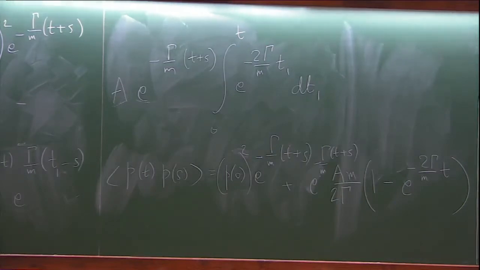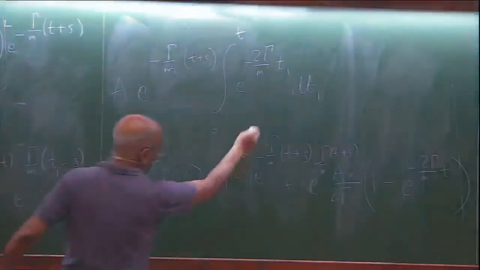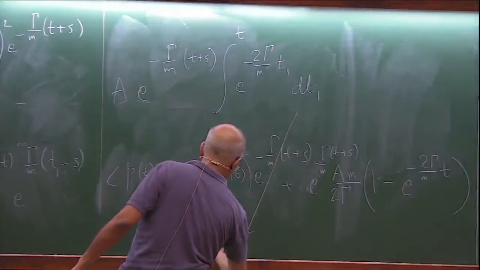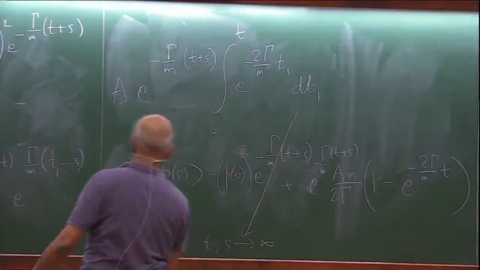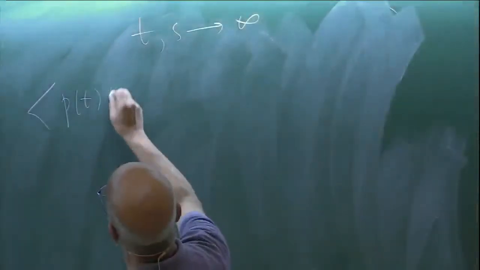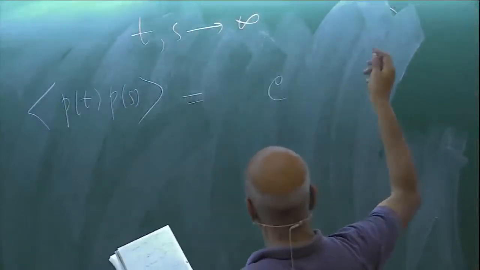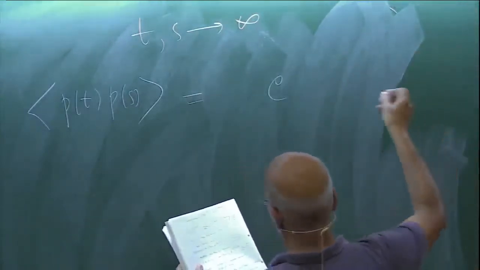So eventually I'll get P of t. So let t and s both go to infinity. You forget the initial state that you've prepared, thereby getting rid of this term. And then what you'll get is P of t, P of s, and now let's consider s greater than t as well as t greater than s.